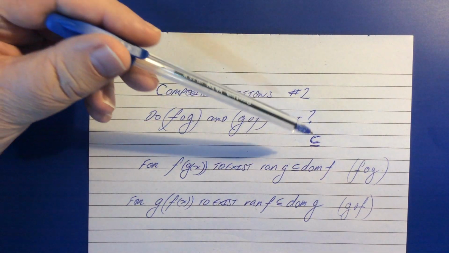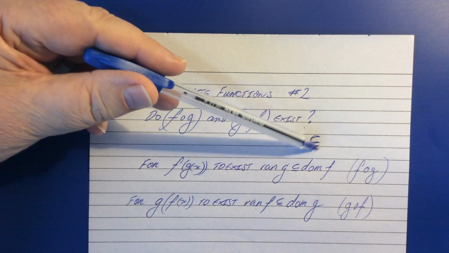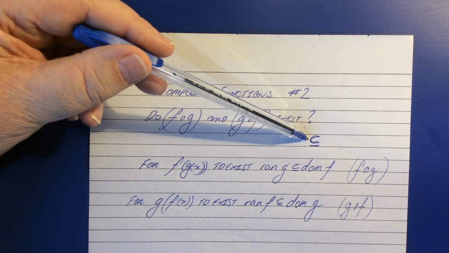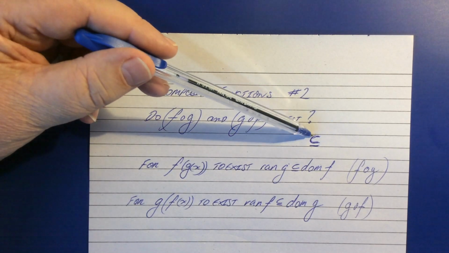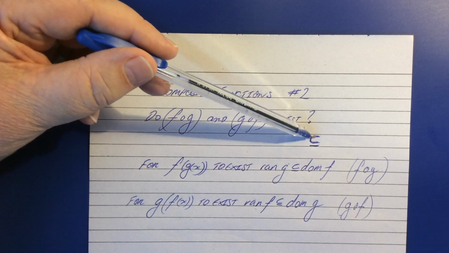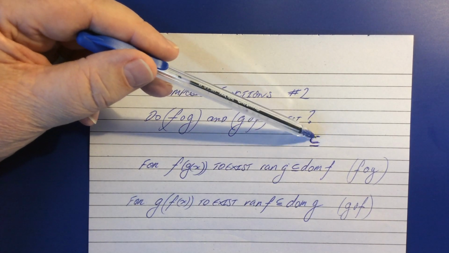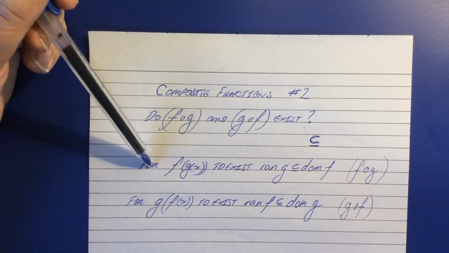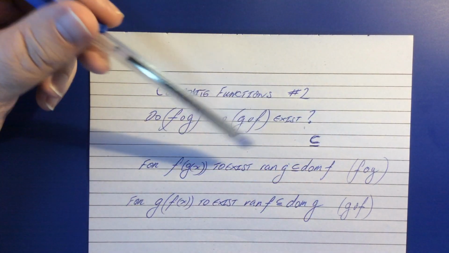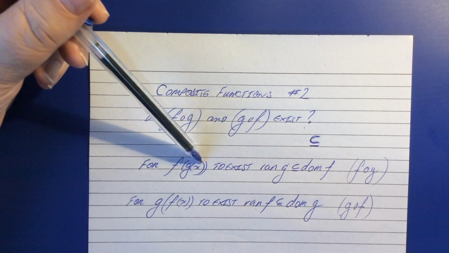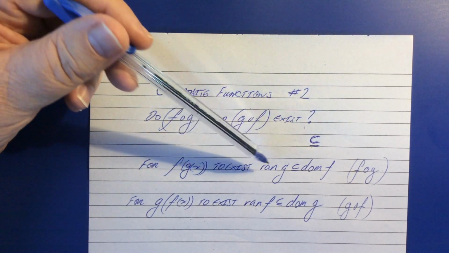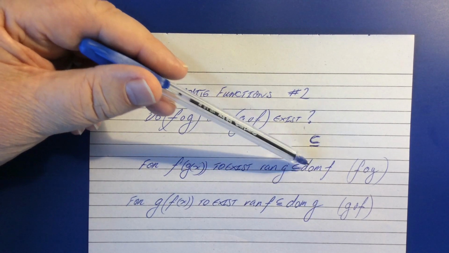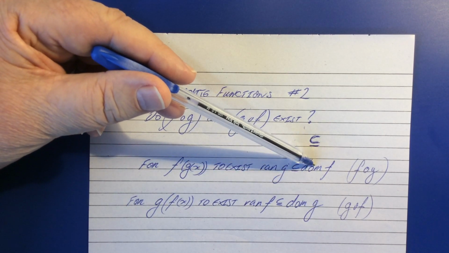So I think the first thing to say is that there's possibly a new symbol to learn, something from set notation. What this means is a subset of, and in this form is a subset of or equal to. So for f of g to exist, and I prefer this notation, the range of g must be a subset of or equal to the domain of f.